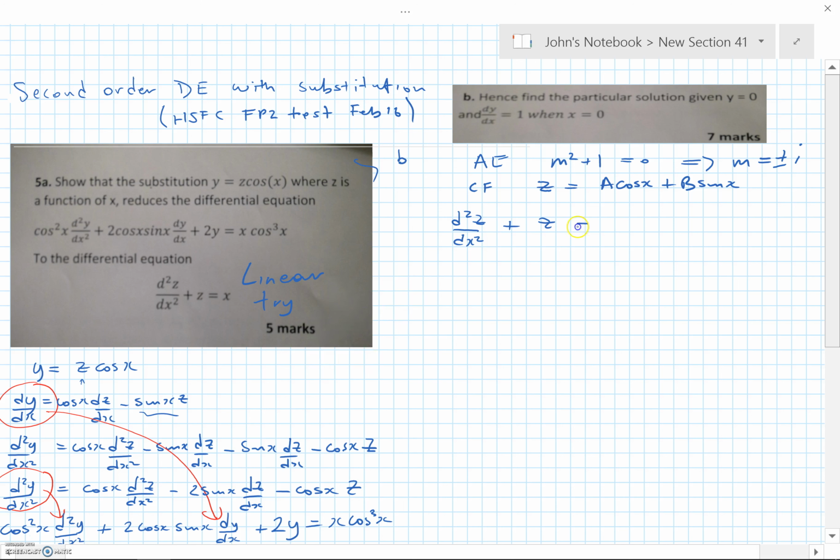When we put it back into there, we've got z is equal to ax plus b, and d2z by dx squared is 0. So we just have ax plus b equals x, so that gives us a equals 1 and b equals 0.